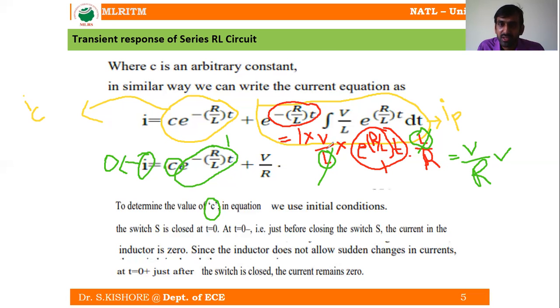Instead of substituting the initial conditions in the particular integral, we can also integrate directly. Even then we can have the term V by R here.